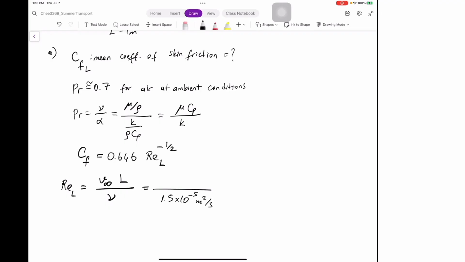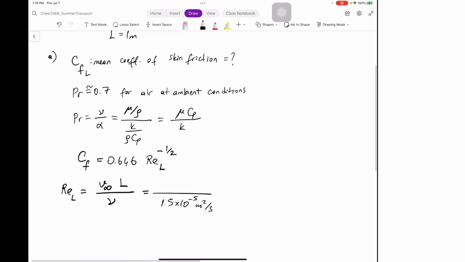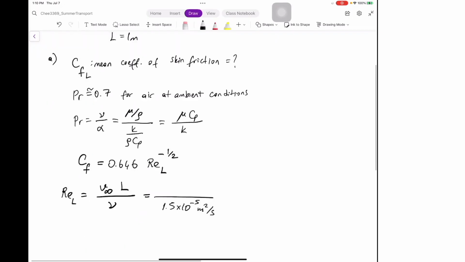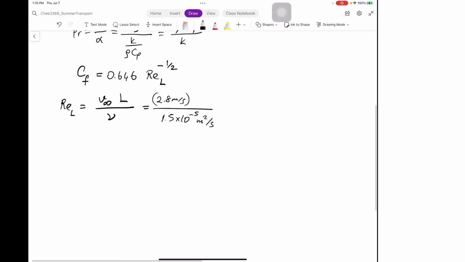meters squared per second. V infinity is given in this problem as 2.8 meters per second, and L is given as 1 meter.